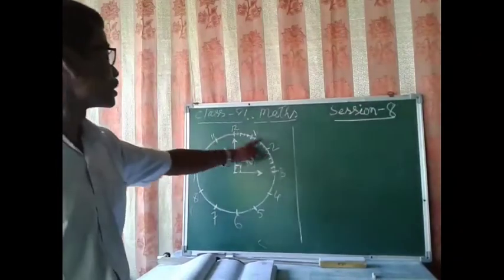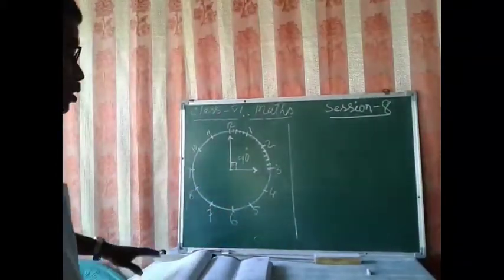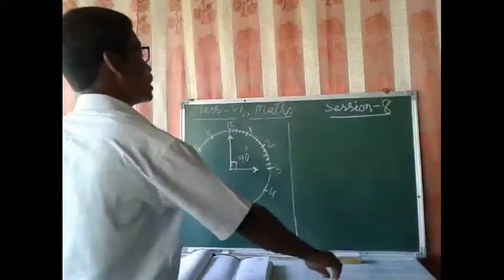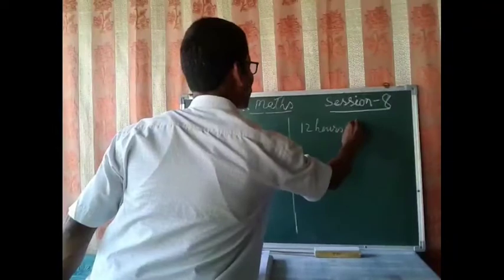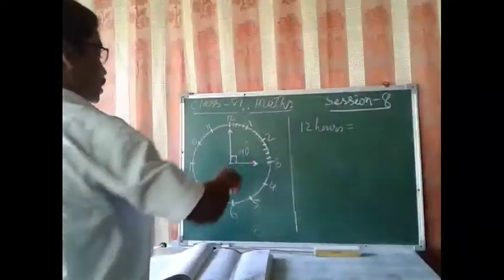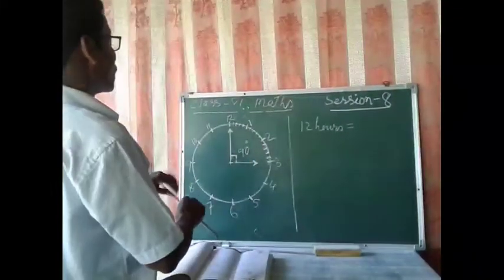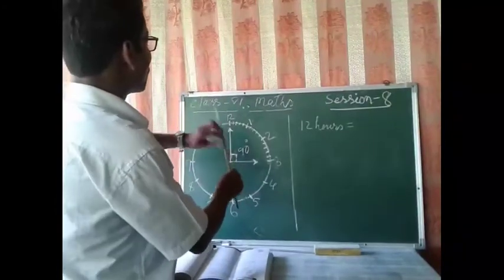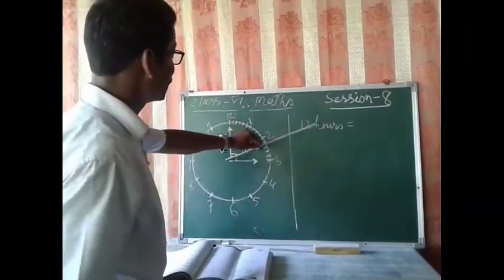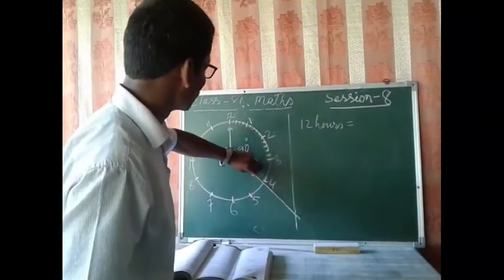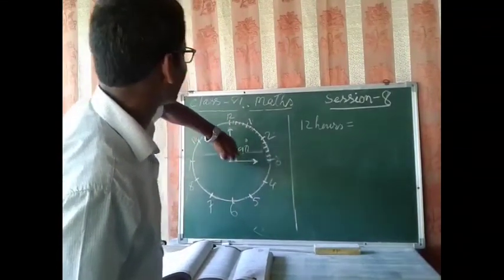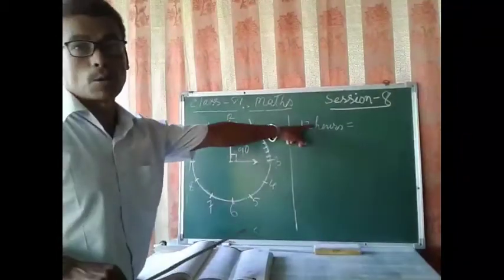So this is like a circle. So when the hour hand completes one rotation of the clock dial, it overcomes 12 hours.